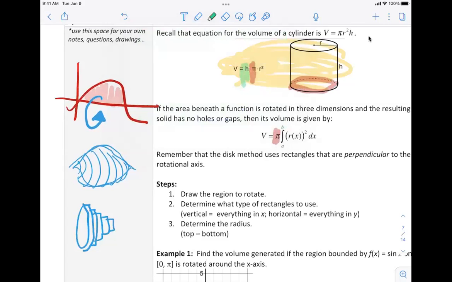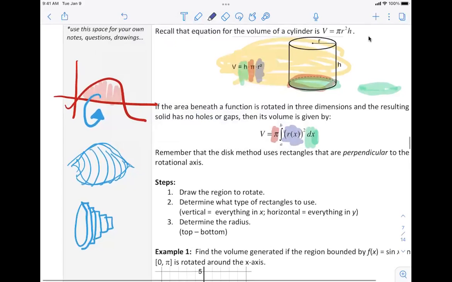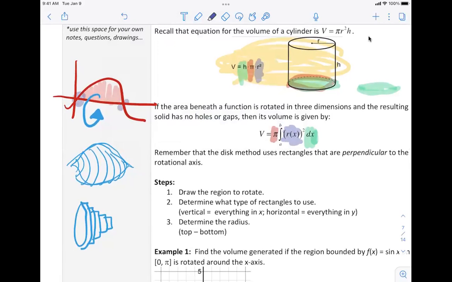So height is really your dx if you pretend it's really, really short. And then finally, that radius squared is the piece that's in here, and that's the piece that gets integrated. So you have pi, r squared, and dx. The a to b tells us where I start my area and where I end my area. So they're pretty cool.